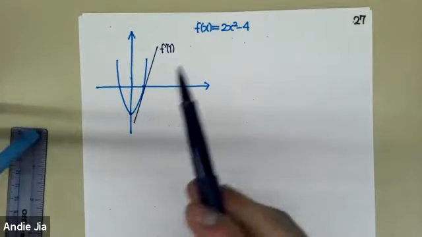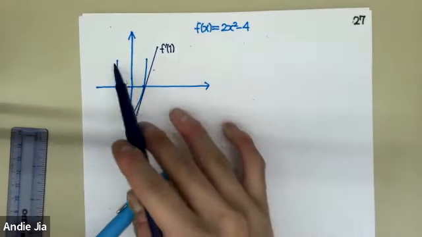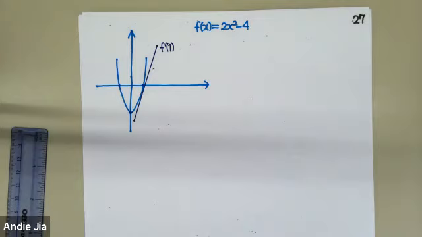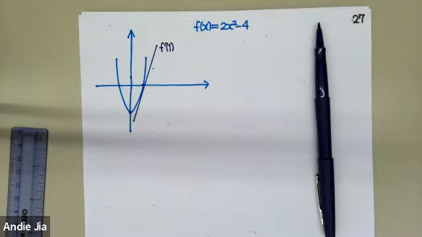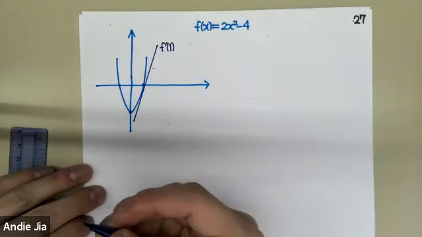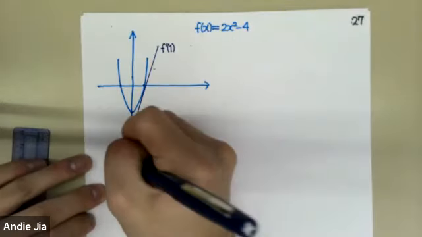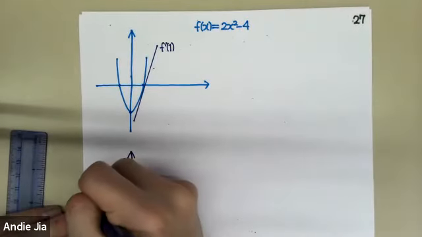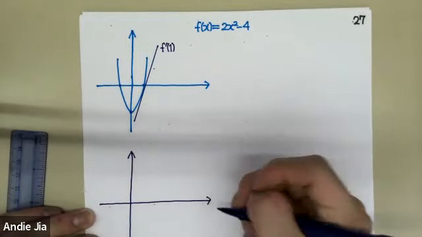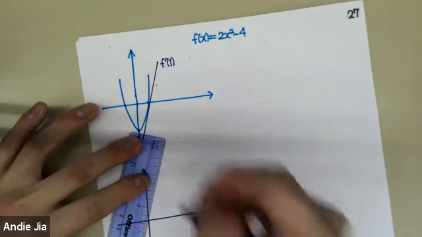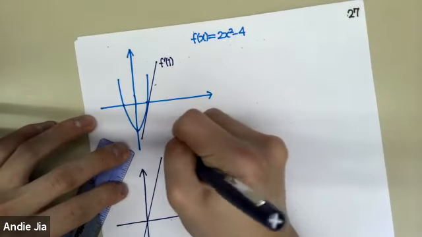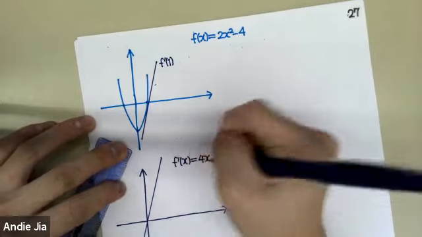The light blue line is 2x squared minus 4. This is a midnight blue, dark blue line, the tangent line. And if we draw another graph, y equals 4x, what would you notice?